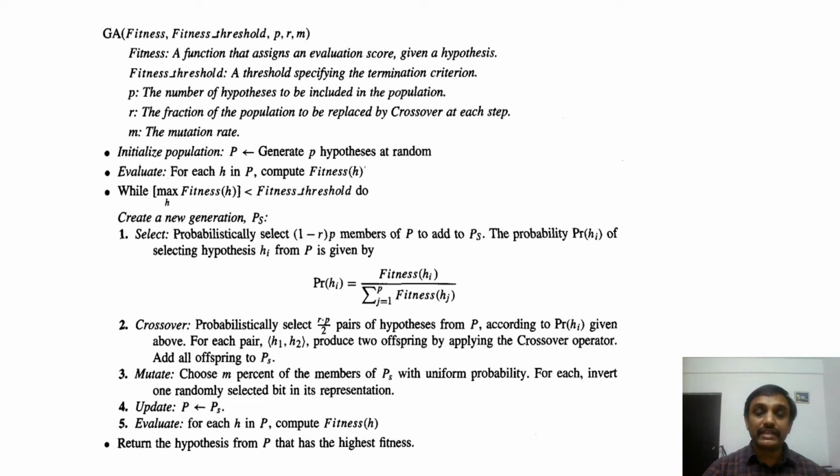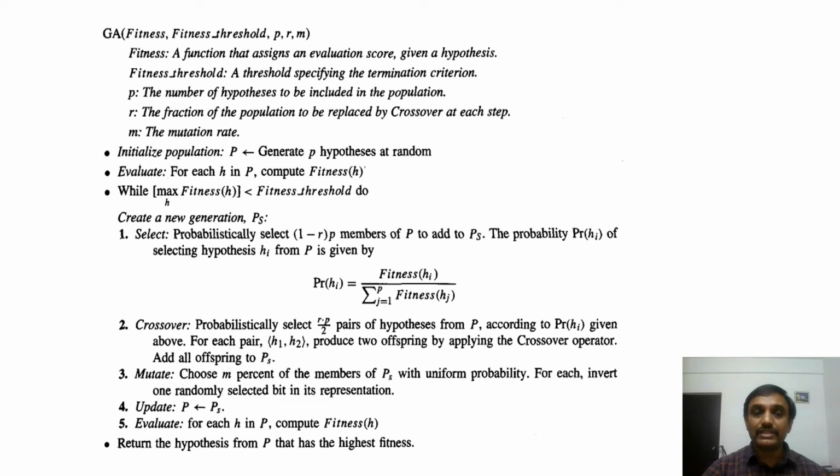So in each iteration, what are we doing? Some hypotheses we are selecting, some we send directly to the next population, and for some hypotheses we perform genetic operations, crossover and mutation. That fraction, how many we want to take for that purpose, is given by R. M is the mutation rate.